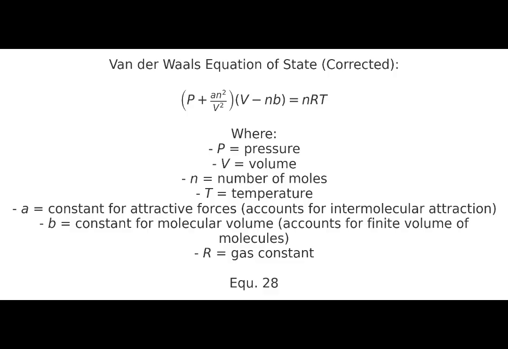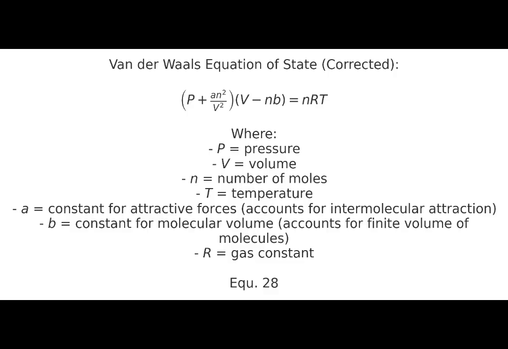3. Equation's purpose. The van der Waals equation attempts to make up for the limitations of the ideal gas law, especially when gases are not behaving ideally. It is particularly useful in understanding the behavior of gases under extreme conditions, e.g., high pressure or low temperature, where the ideal gas law fails.